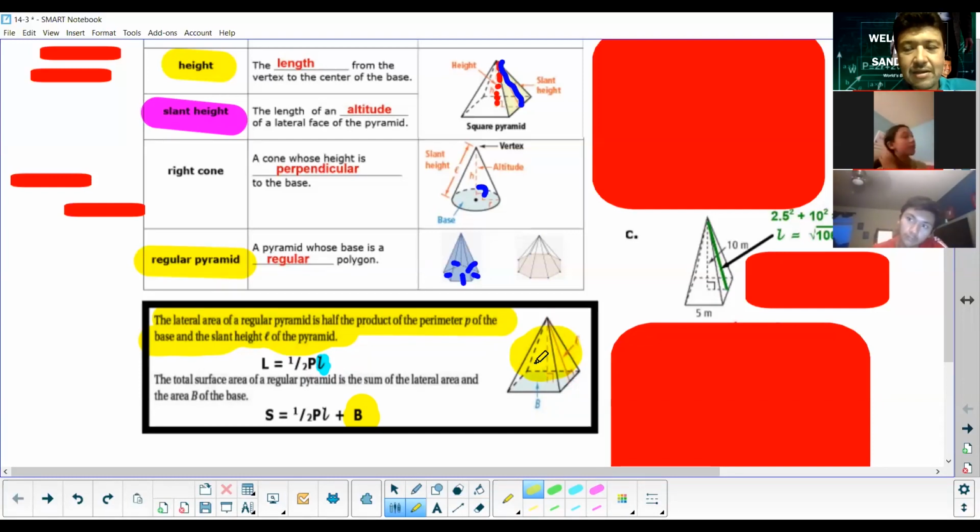But other times, if you're going to wrap a present, you're not going to leave part of it out. You put wrapping paper all the way around it. That's a good example of surface area, where you wrap it all the way around. So you have to include the lateral plus the base. And the B stands for the area of the base.